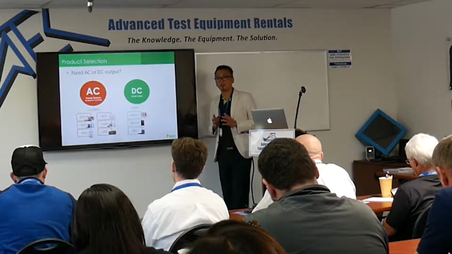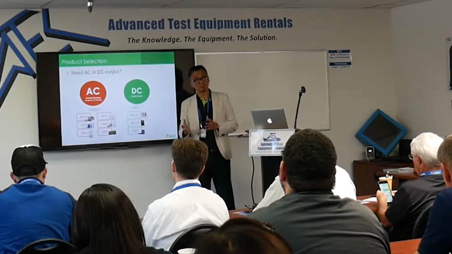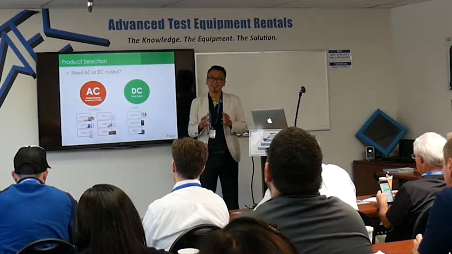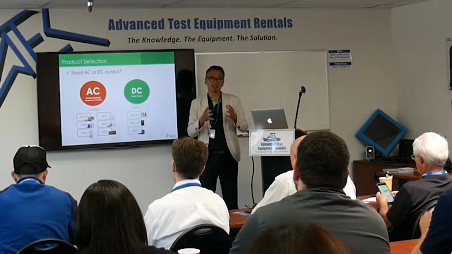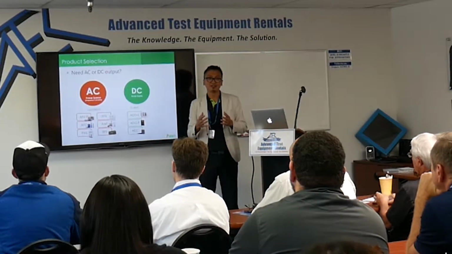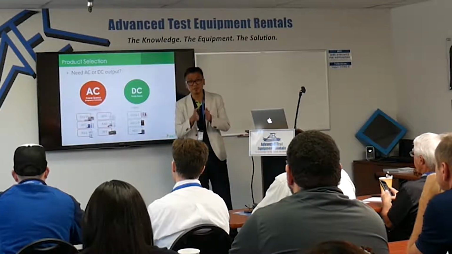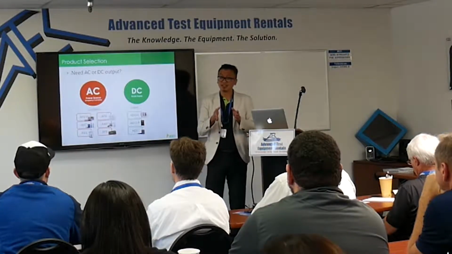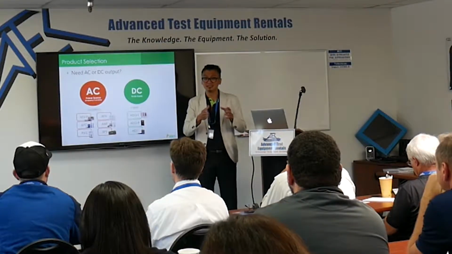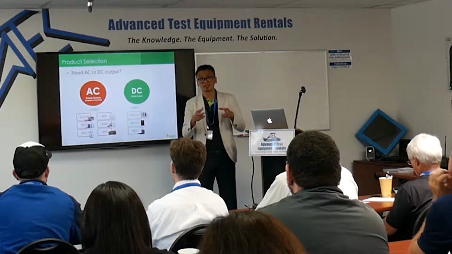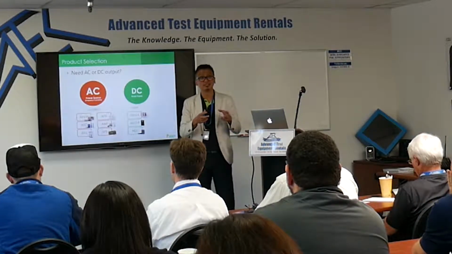So the first one will be AC or DC. That's very important, because AC and DC are very different products. Usually for power supplies, some of them make AC and DC in the same unit. But I can tell you that usually with AC and DC in the same unit, there are some limited functions in the DC.